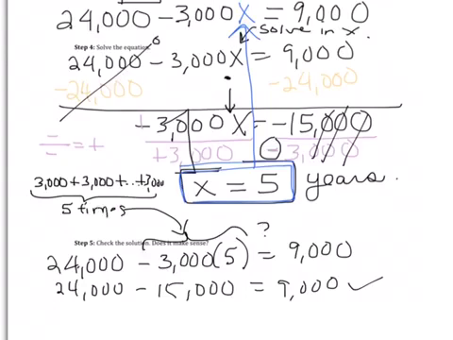This is for year 1. After 2 years, they subtract 3,000 plus 3,000, and finally 3,000 times 5 is the 15,000. So hopefully that makes sense. So that's it for example 3.